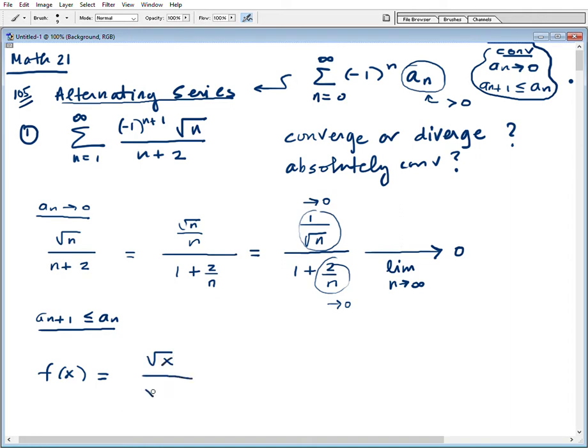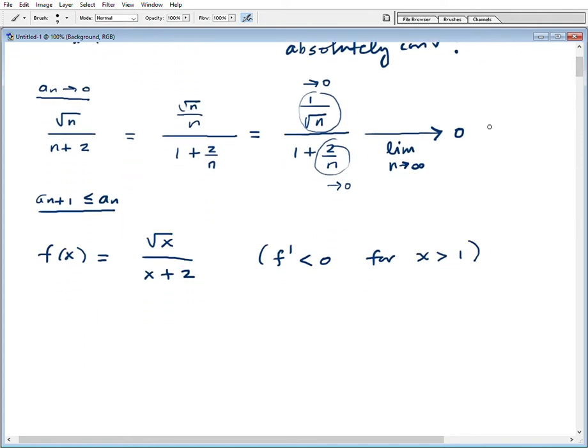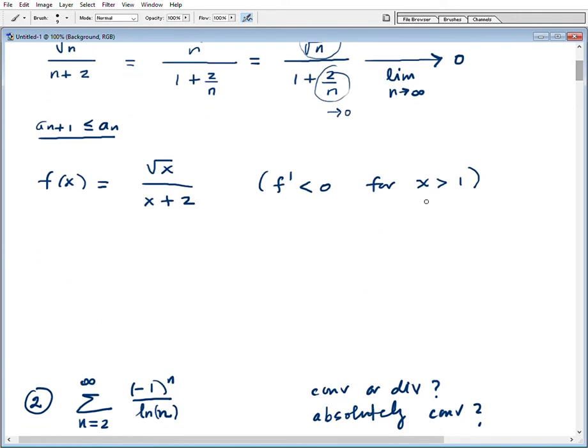And we want to know, is f prime less than 0 for x greater than 1? All right. It really could be something larger than 1 as well, like I mentioned before, but anyway, let's do f prime.